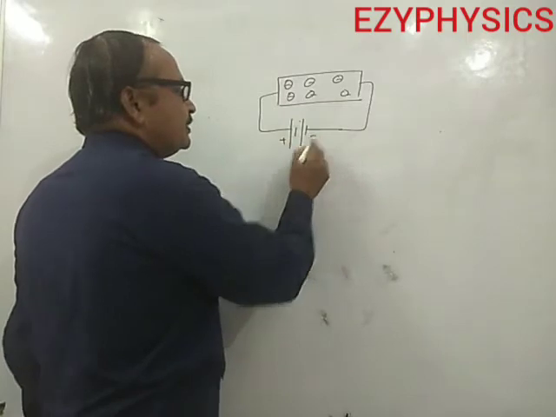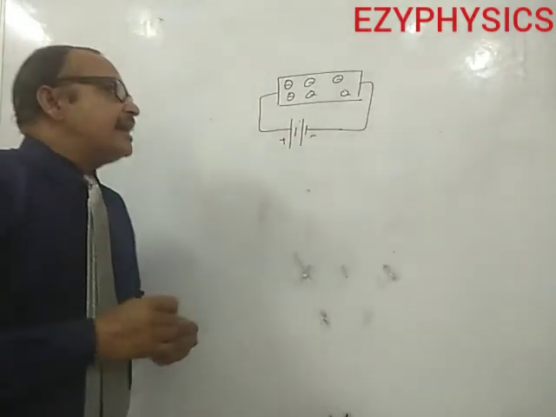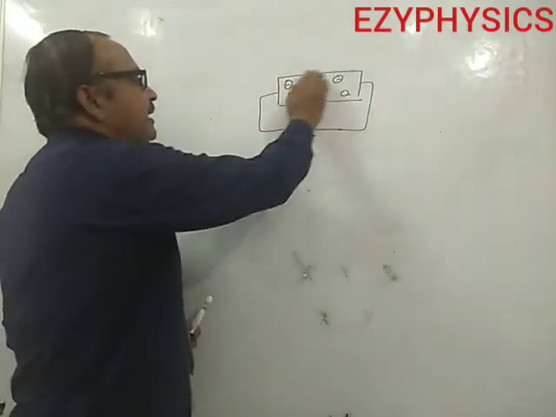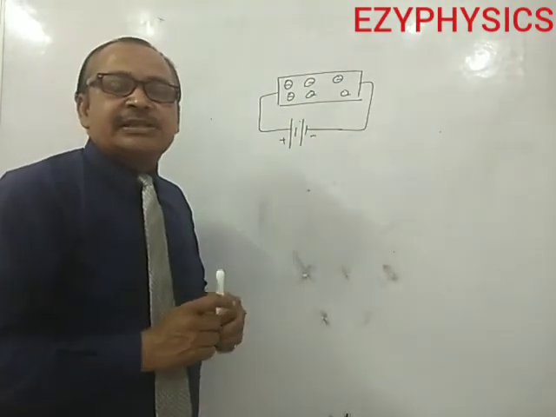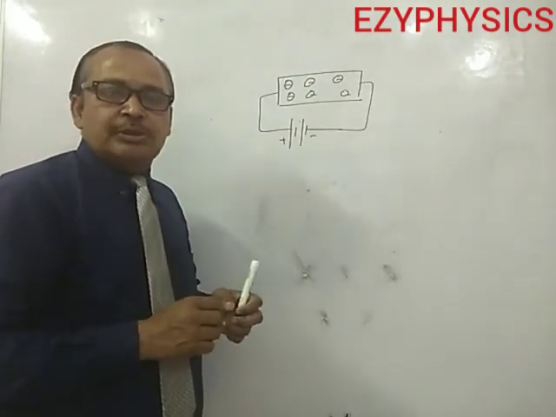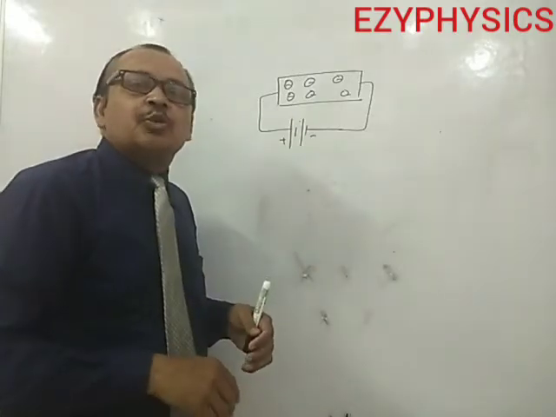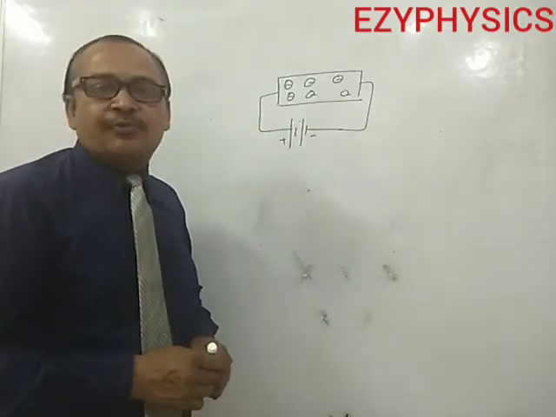This is positive and this is negative. The moment we apply this electric field, these electrons will experience a force due to which they will drift towards the other terminal of the conductor.